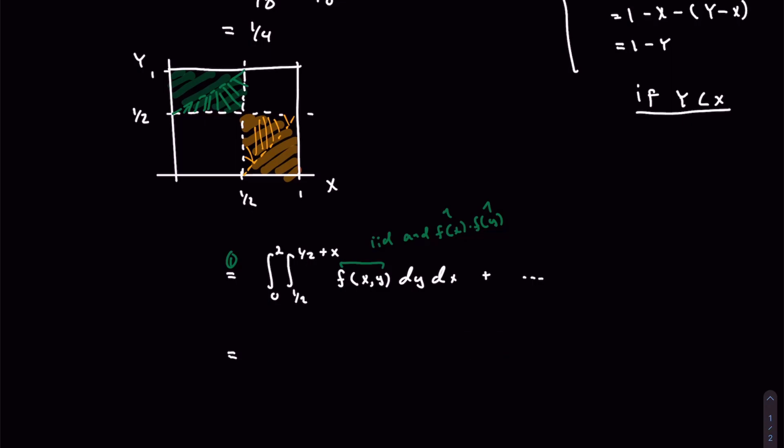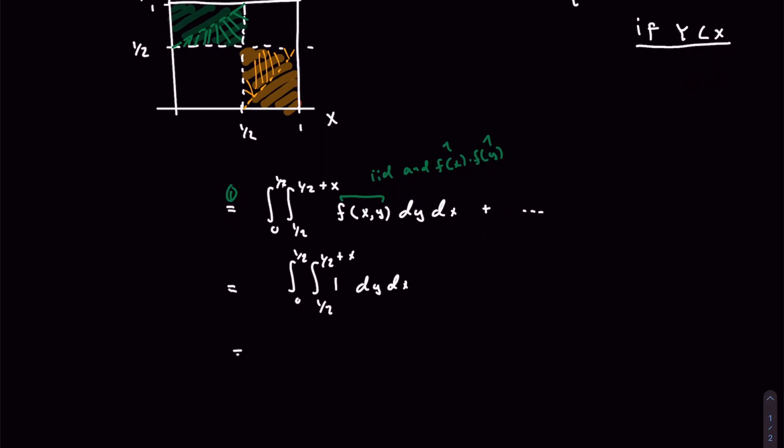So we have 1 dy dx. We're integrating over a half plus x, and this should be a half, by the way, like so. So evaluating this inner integral, we have y from a half to a half plus x.